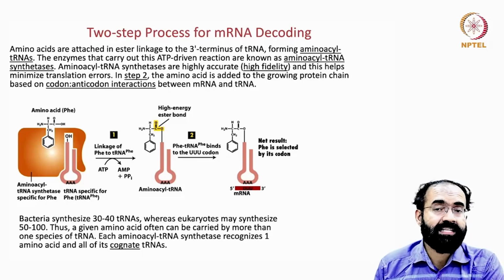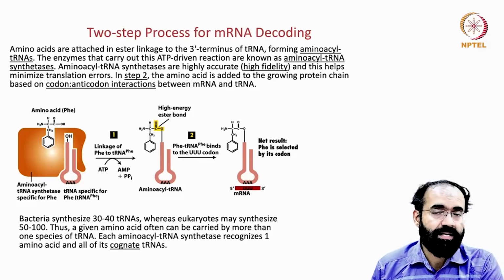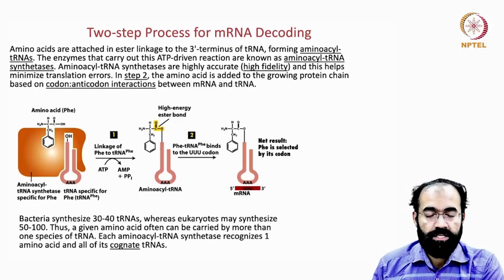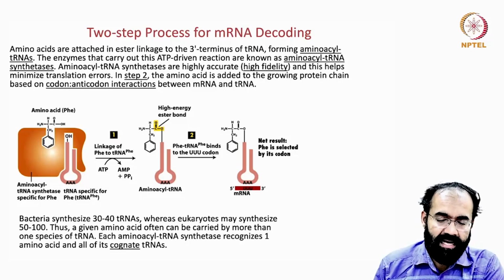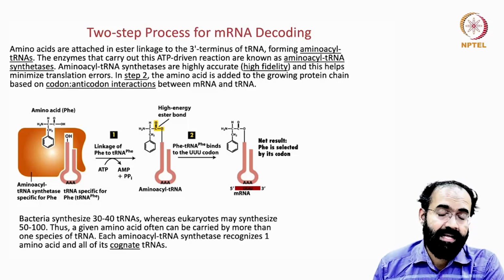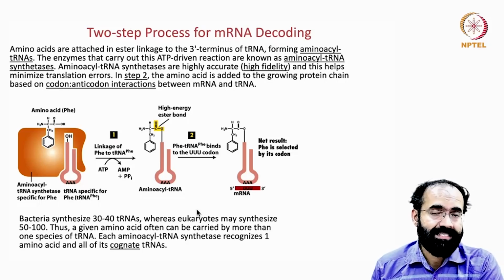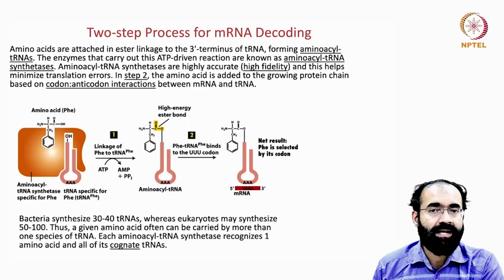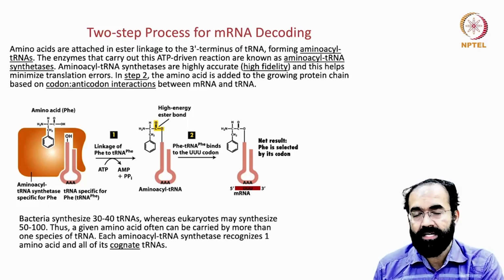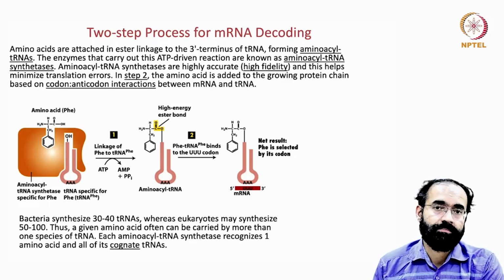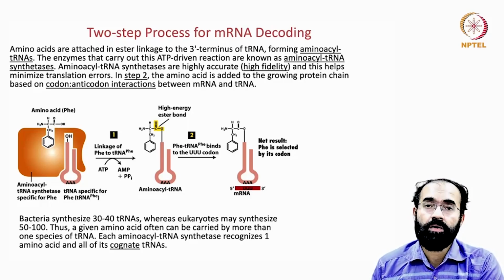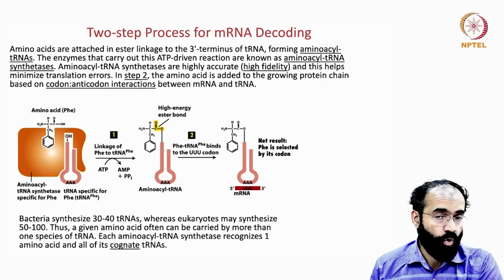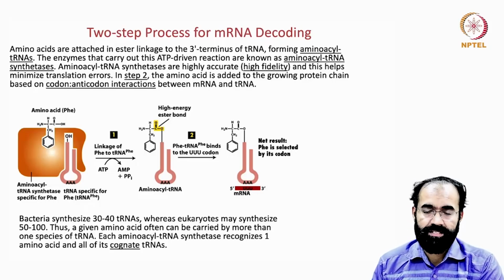We know arginine has 6 codons, so naturally it will have 6 tRNAs with the corresponding anticodons. The arginine tRNA synthetase can recognize all 6 tRNAs and can happily deliver the arginine amino acid to all 6 different types of tRNAs corresponding to the codons of this amino acid.